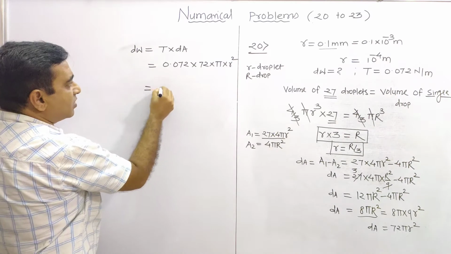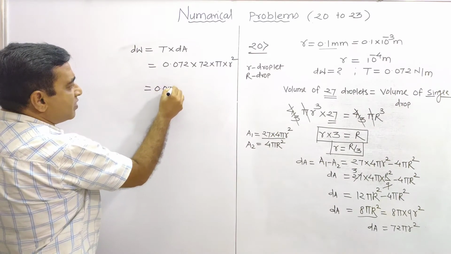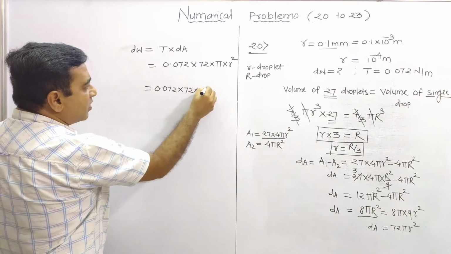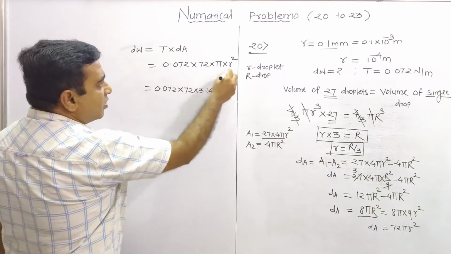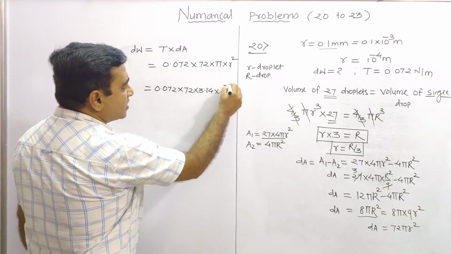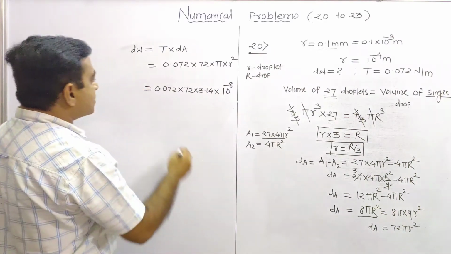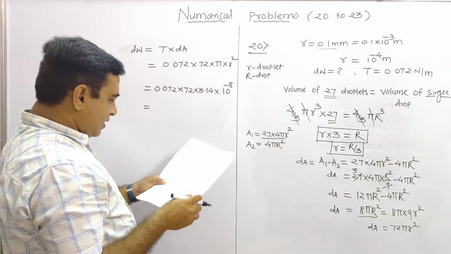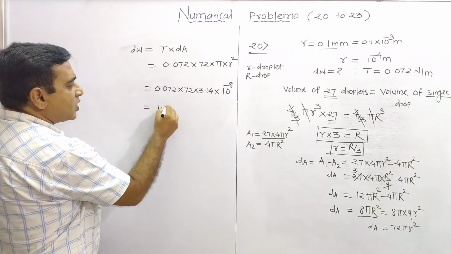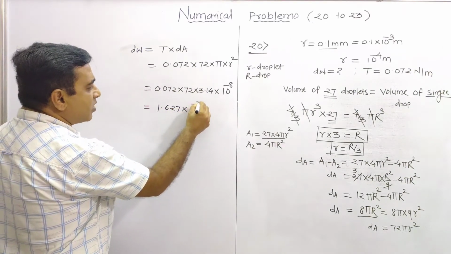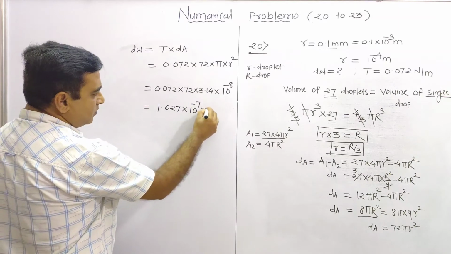After substituting all the terms, 0.072 into 72 into 3.14 into square of r, 10 raised to power minus 8. After solving this, the final answer we are going to get is 1.627 into 10 raised to power minus 7 joule.